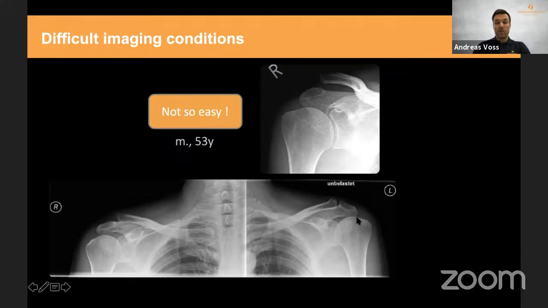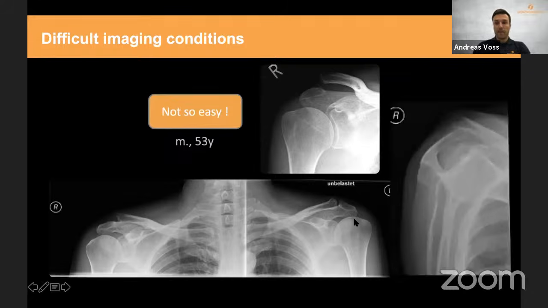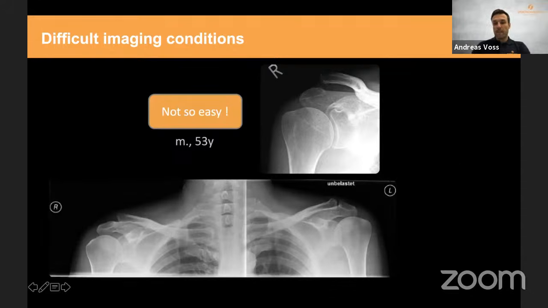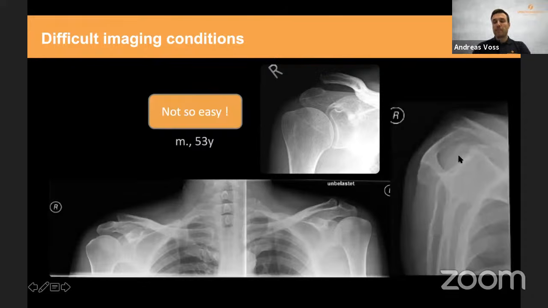So this one is not so easy. But if you use a stress view, this is called the Alexander view, you see the overriding of the lateral clavicle, and this will diagnose a horizontal instability. And also in the axial view, we would see a posterior dislocation. So this one is a chronic posterior grade 4 dislocation.